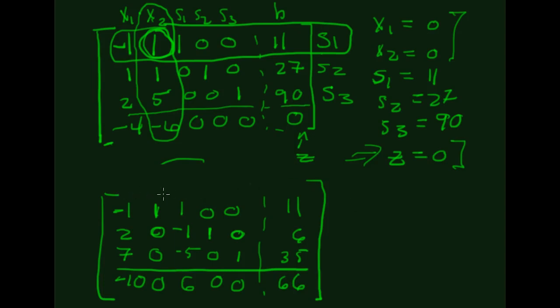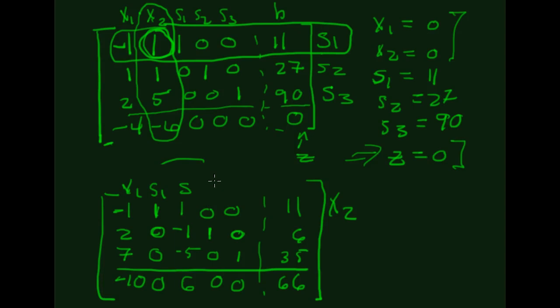Okay. So the exiting variable was the x sub 2. So this is going to pivot with s sub 1, and x sub 2 goes over here, and everything else stays where it was. Okay.